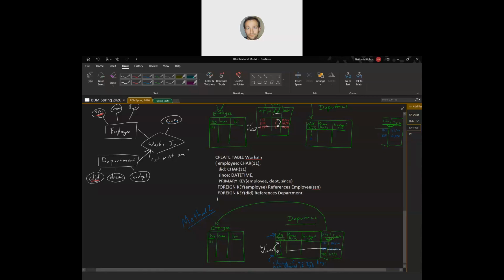I mean, that constraint isn't captured in this relationship.